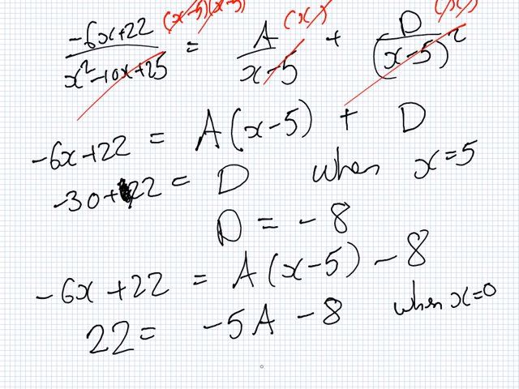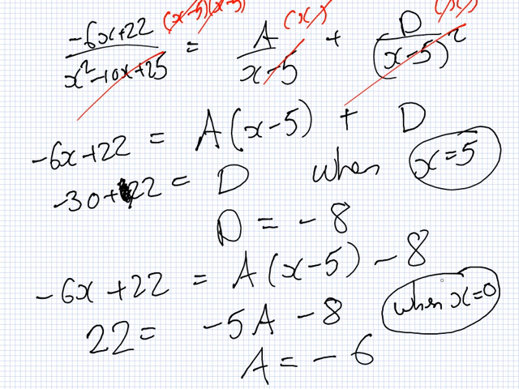So then you get A should equal minus 6. Any value works, but you should choose a value that simplifies the identity. Here I chose 5 to make this piece disappear, and here I chose 0 just because 0 is easy.